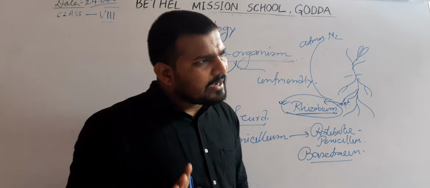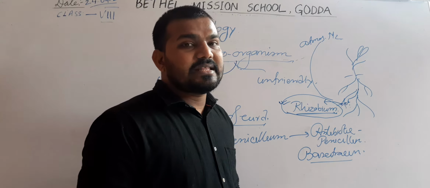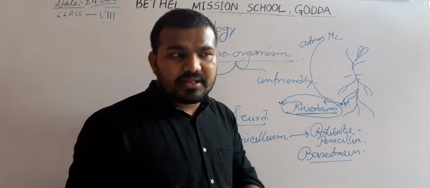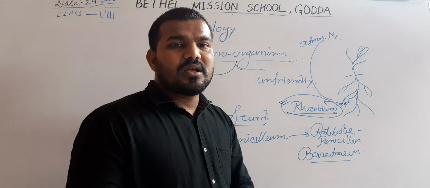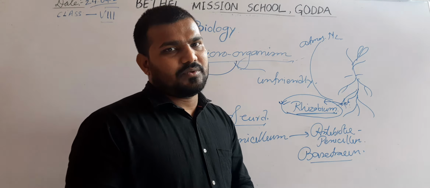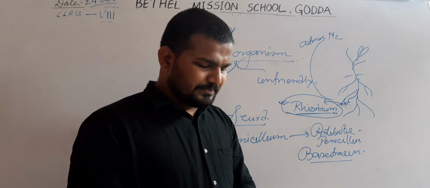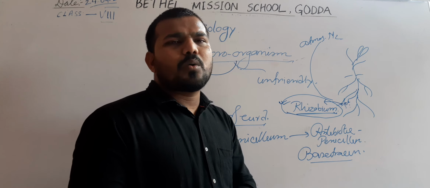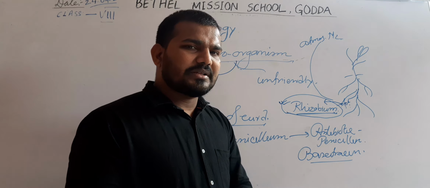Even there are several microorganisms which can create disease. Generally, disease-causing microorganisms are known as pathogens. And what is disease? Disease means a critical condition which affects our health, our well-being. That is known as a disease. After birth, there are several microorganisms that can create disease; they are known as acquired diseases.